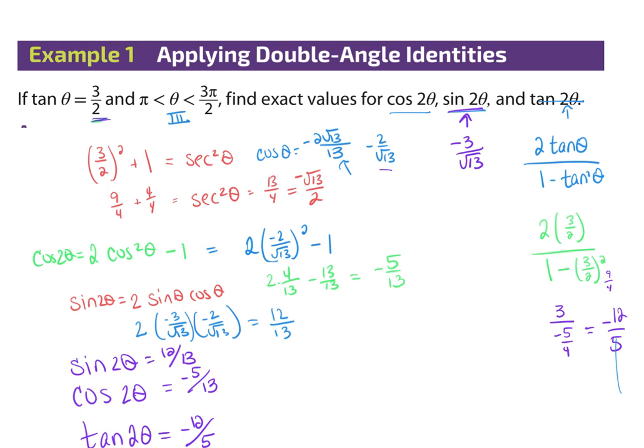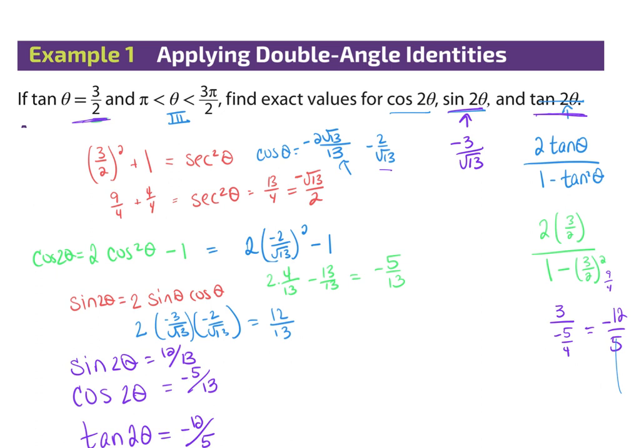And so you're going to have to pull all the things together. This is building, as you can tell, right? You're going to have to use some method to solve for sine and cosine if you don't have them. For tangent, if you have sine and cosine, you can literally just put them over each other. I do want to say, had they not given me tangent and had they given me another one, like say they had given me sine, you don't have to use the double angle of tangent if you already solved for sine and cosine.